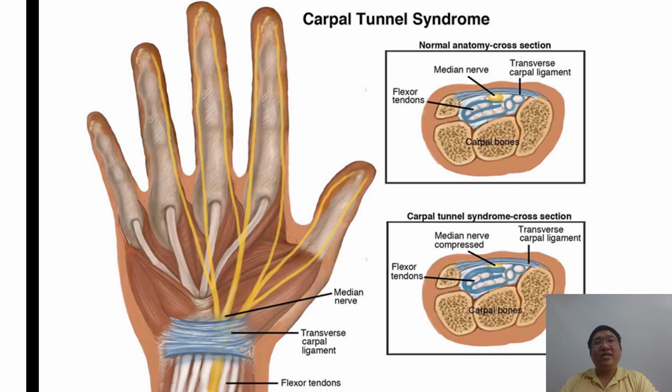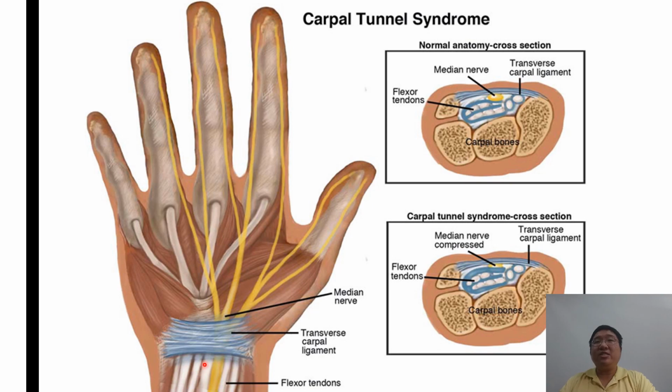This figure shows the anatomy of the carpal tunnel. The carpal tunnel is covered by the transverse carpal ligament, and there is a nerve passing through this tunnel, which is the median nerve.